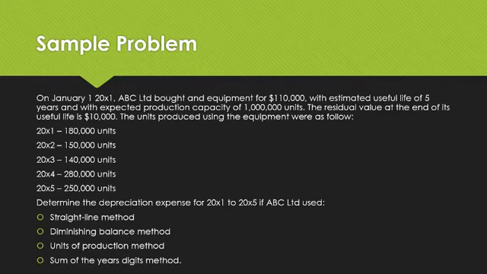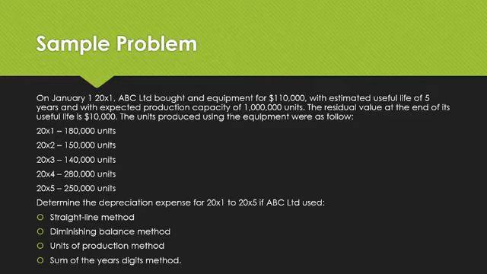Okay, so we have a sample problem here. We have an equipment purchased at the beginning of the year for $110,000, and it is estimated to be useful for 5 years, with an expected production capacity of 1 million units.